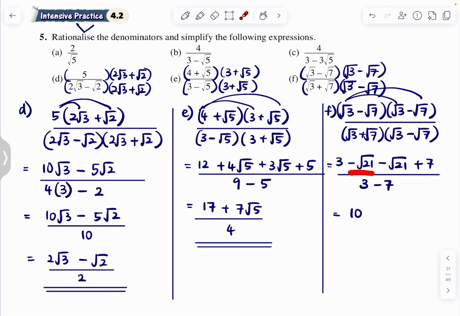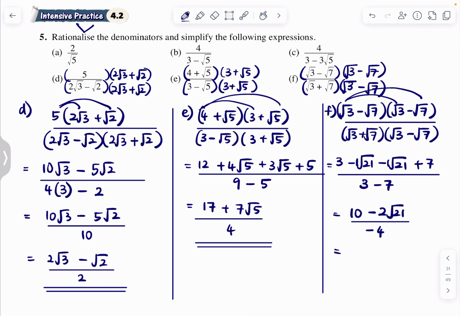Negative √21 minus √21. Okay, this is 1 √21 and 1 √21. So negative orange minus an orange, we get negative 2 oranges. And then 3 minus 7 is negative 4. Okay, so all of these we can divide by 2.